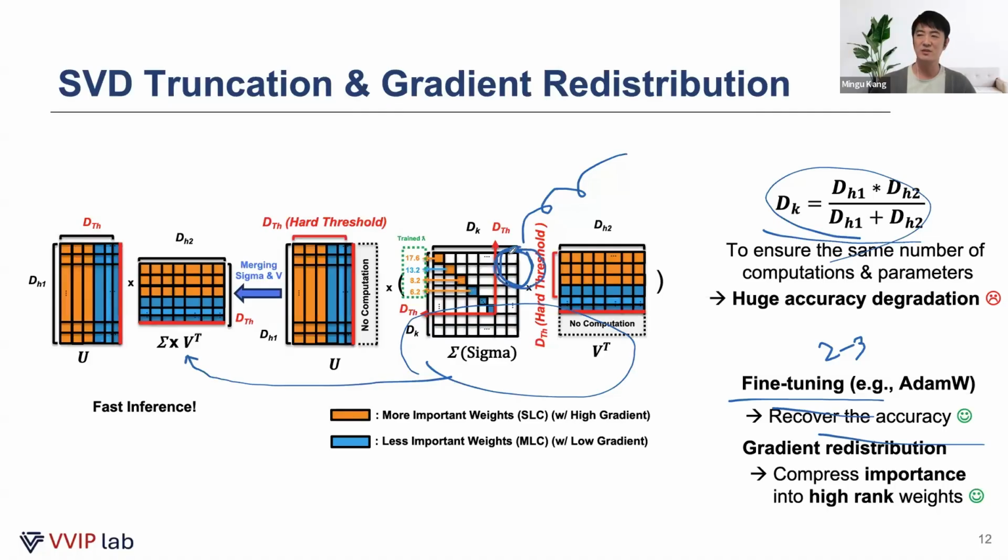Now you fine-tune, and during the fine-tuning process, the lost information tends to be recovered by these survivors, and especially by this key part. Why? Because those are the principal components. So the lost information tends to be more recovered by these important ones, but less recovered by these.